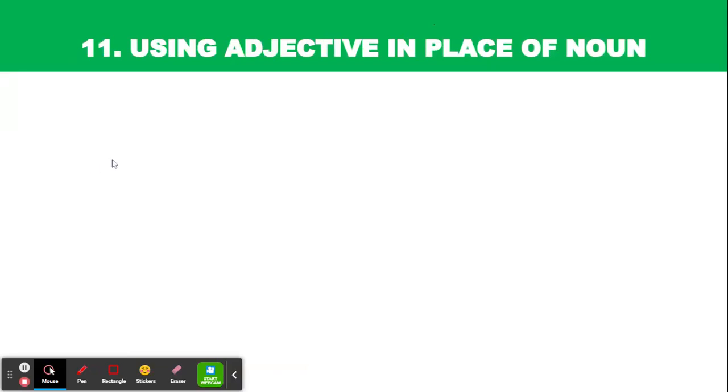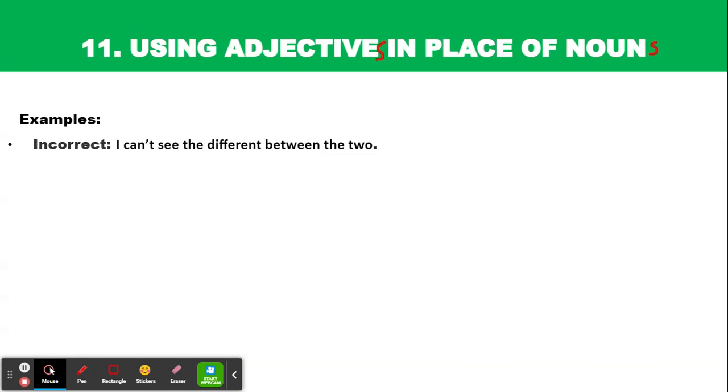Number 11, using adjectives in place of nouns. For example, "I can't see the different between the two."